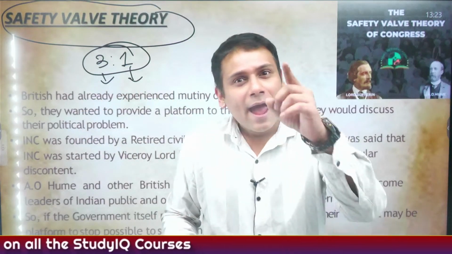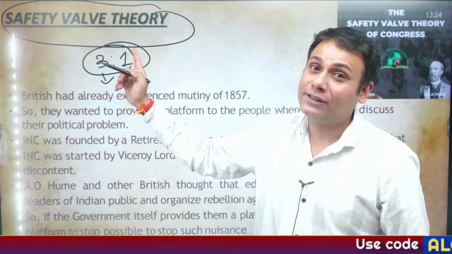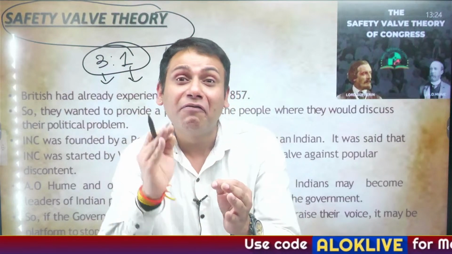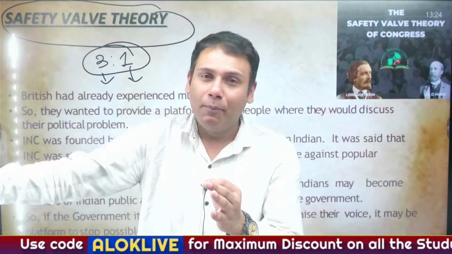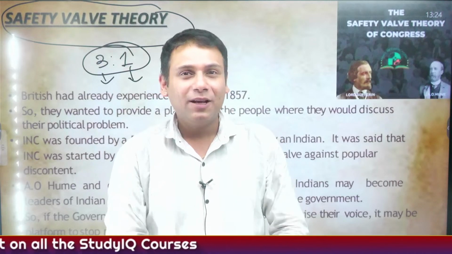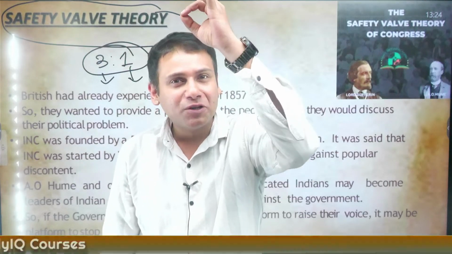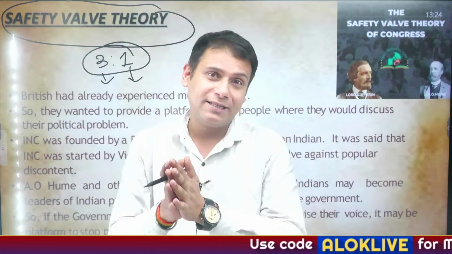Isn't that so? Hence the Britishers came up with the formation of the Indian National Congress, and this is nothing but a safety valve. So INC was a safety valve for the Britishers because they wanted to avoid a condition like the revolt of 1857. But this was one of the huge mistakes committed by the Britishers.